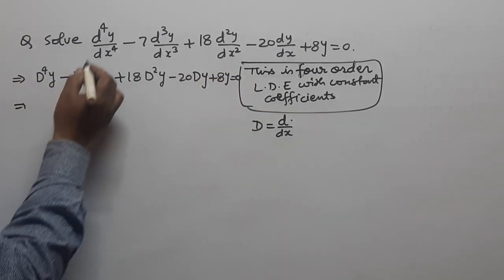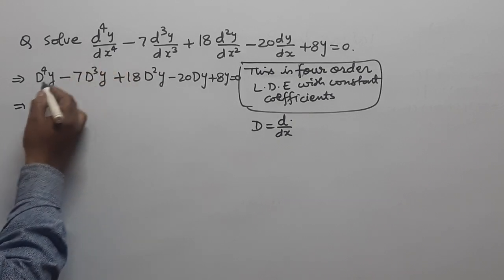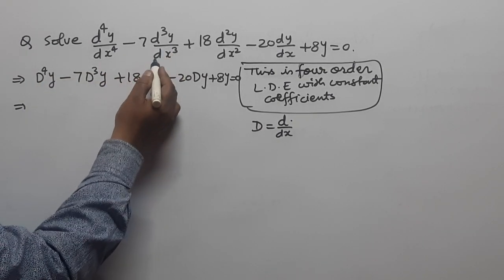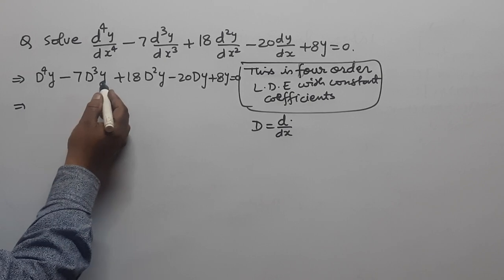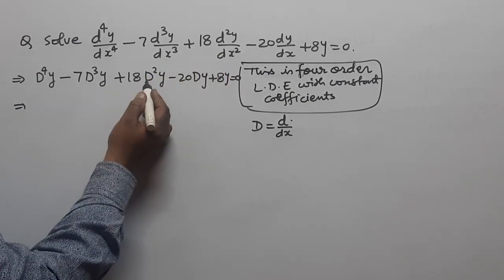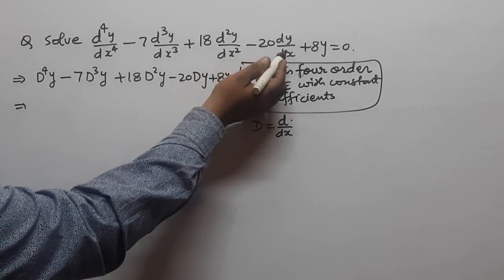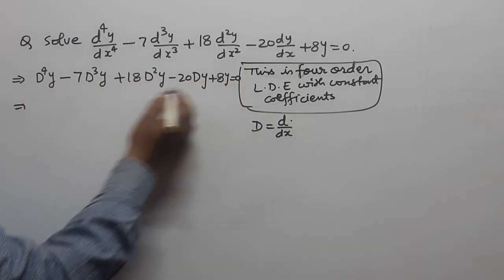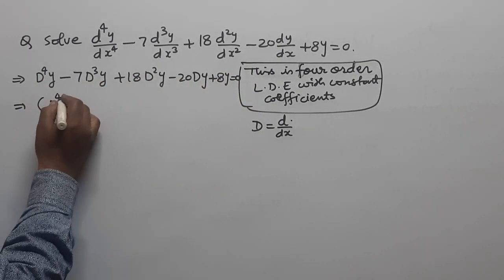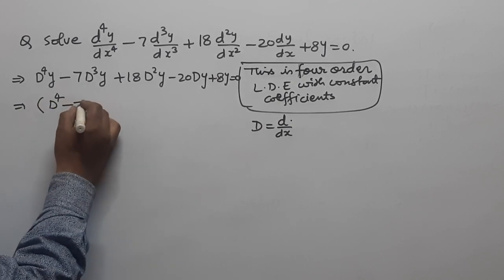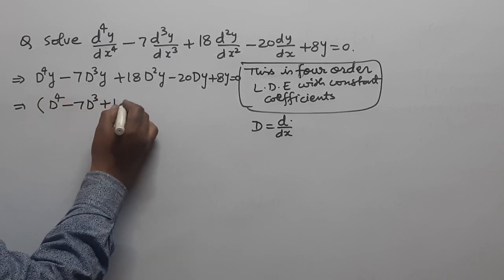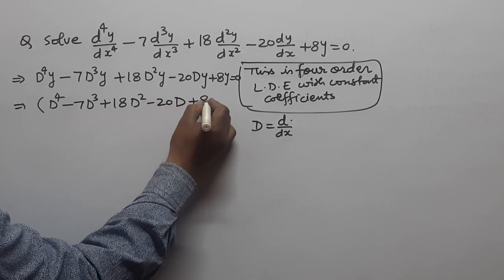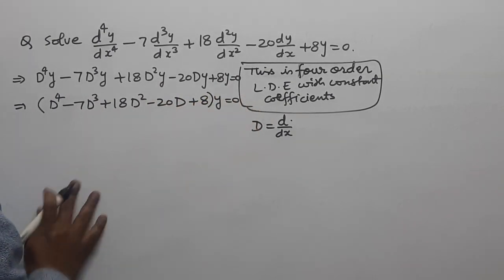In place of d4y by dx4 we write D to the power 4 y, d cube y by dx cube as D cube y, d2y by dx2 as D square y, and dy by dx as Dy. Now taking y common, we get (D to the power 4 minus 7 D cube plus 18 D square minus 20 D plus 8) y.